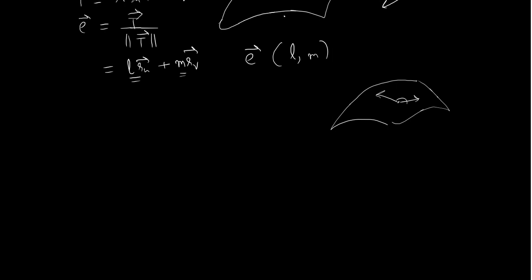And suppose the direction coefficients of one direction are L, M and of another direction are L prime, M prime. It should not be difficult to find. Now this is my vector e, and this is the vector e prime. These are unit vectors along the tangential components.